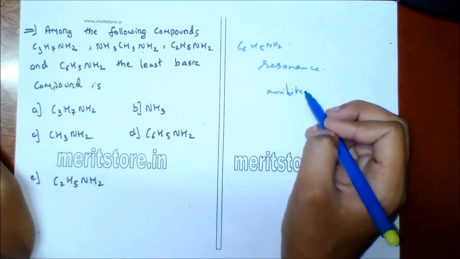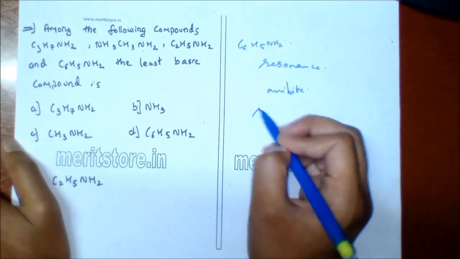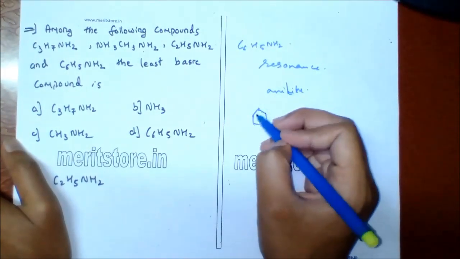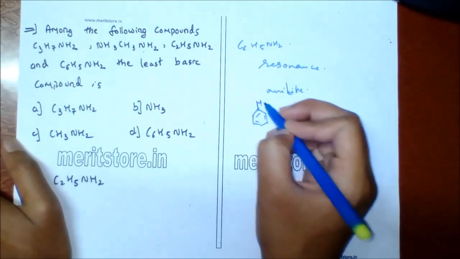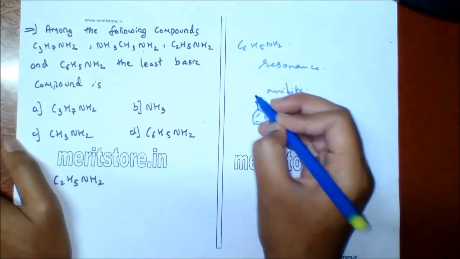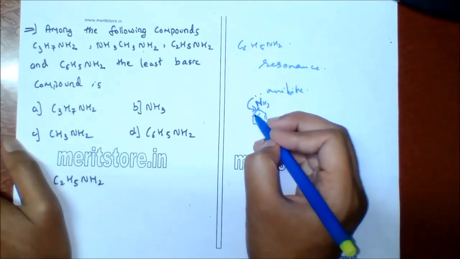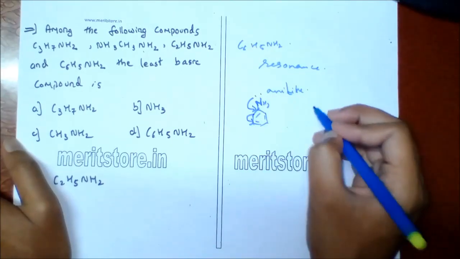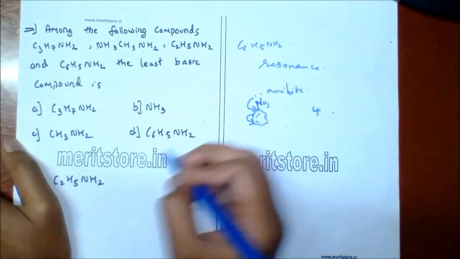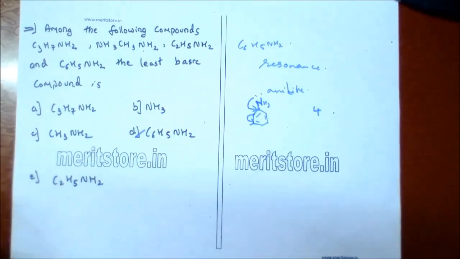The lone pair of nitrogen is delocalized into the benzene ring by resonance, and four resonating structures are formed. So option D is the correct answer.